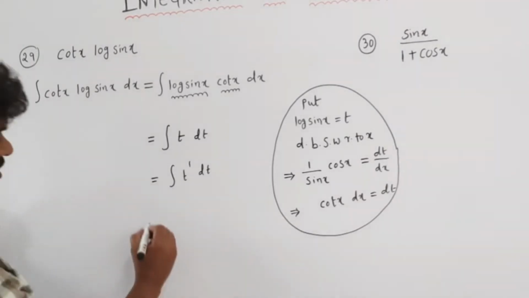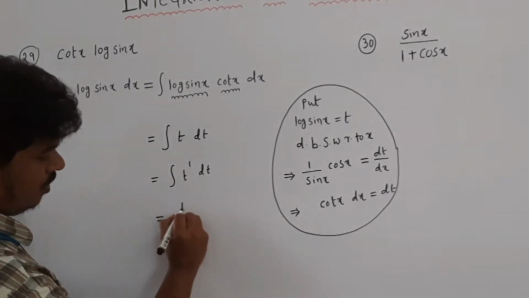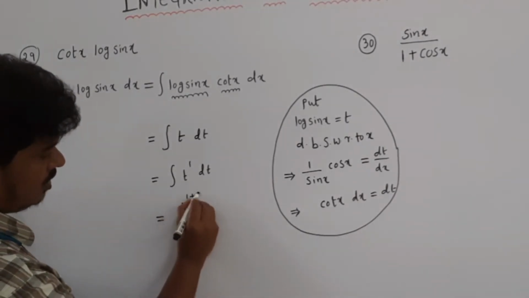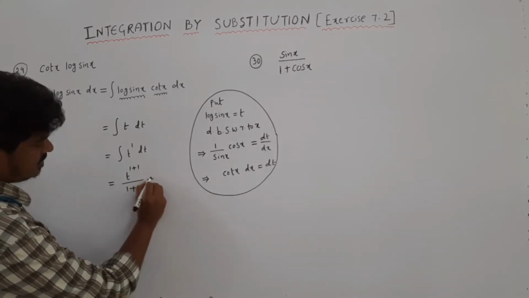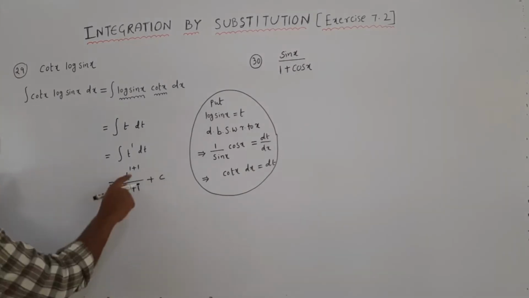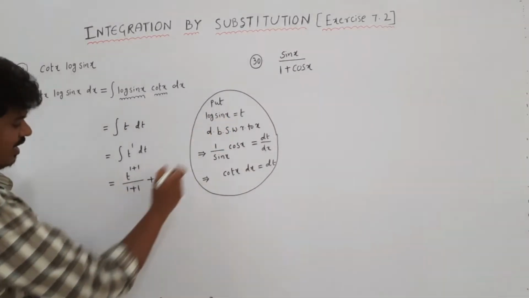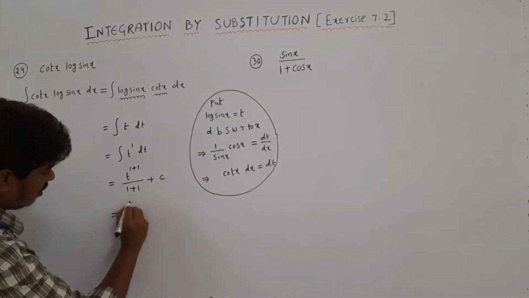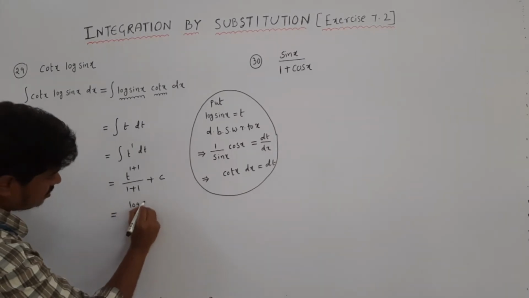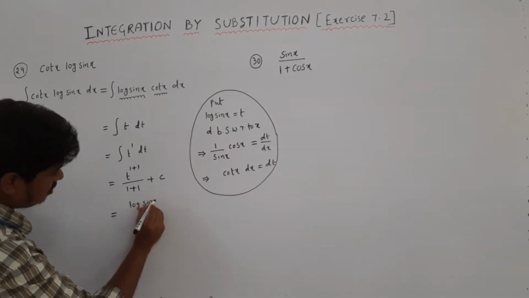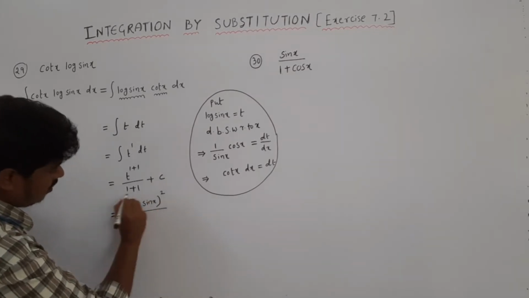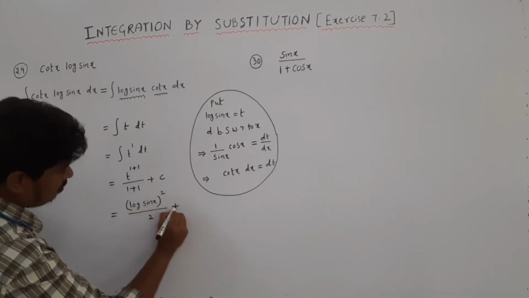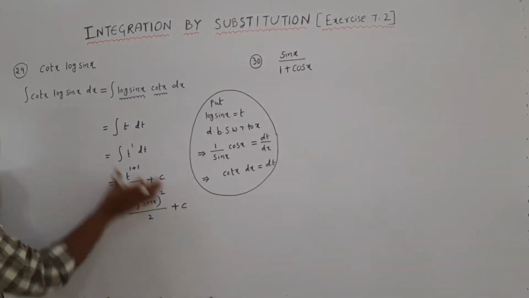So what can we write? t to the power of 1 plus 1 divided by 1 plus 1, plus c. t means log of sin x. So log of sin x whole squared divided by 2, plus c. It is the answer of this one.